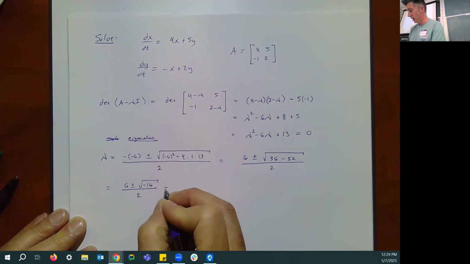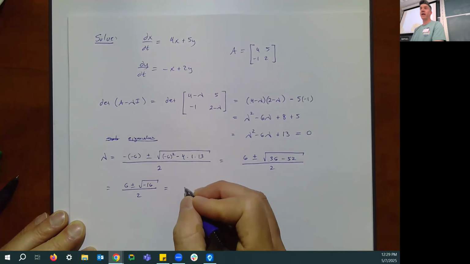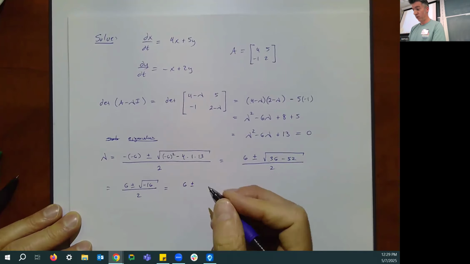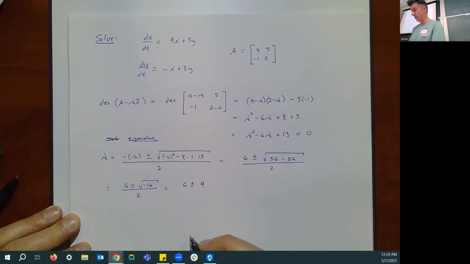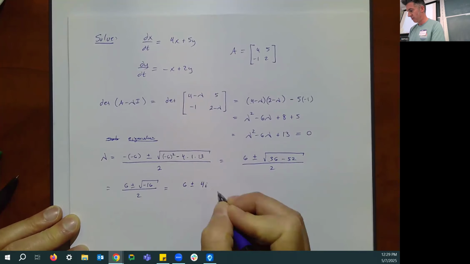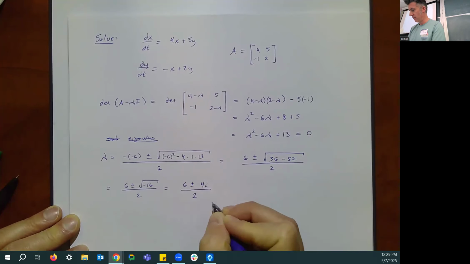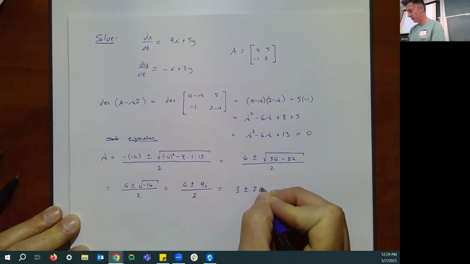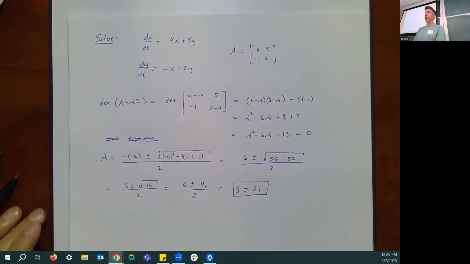That's 6 plus or minus the square root of 36 minus 52, which is -16, all over 2. And the square root of -16 is imaginary, so it's going to be 6 plus or minus 4 times i. And then finally divide each thing by 2 and get 3 plus or minus 2i. Those are our eigenvalues.